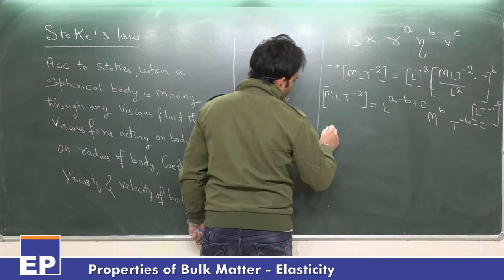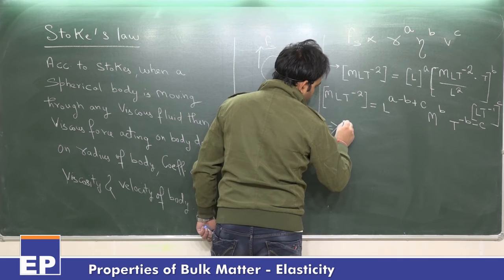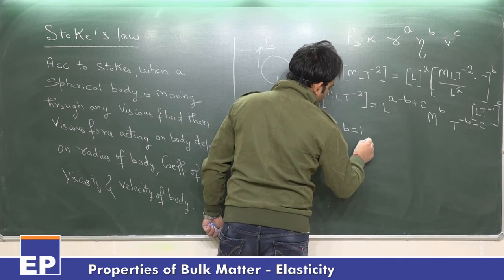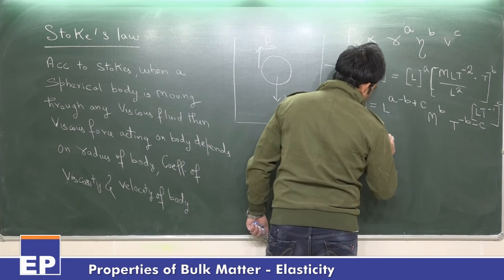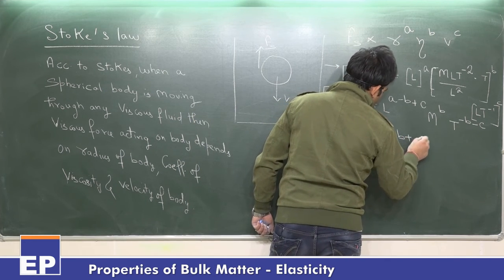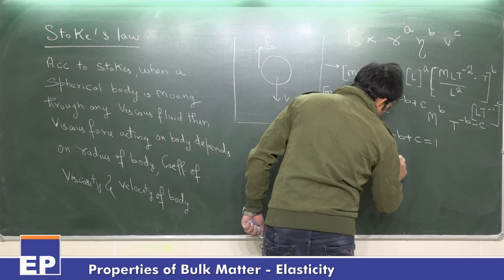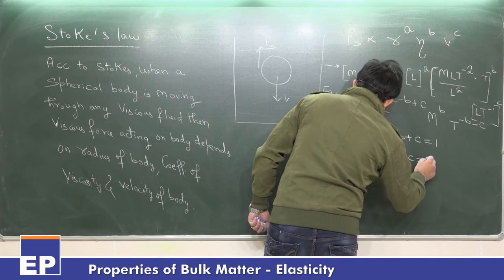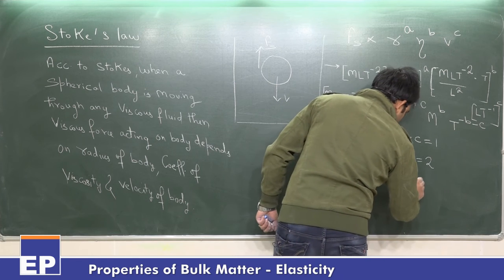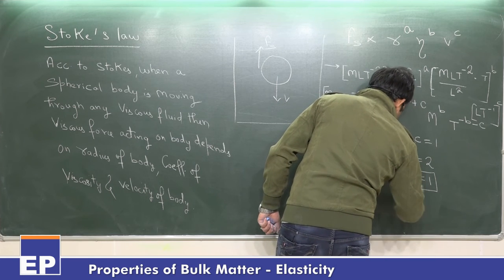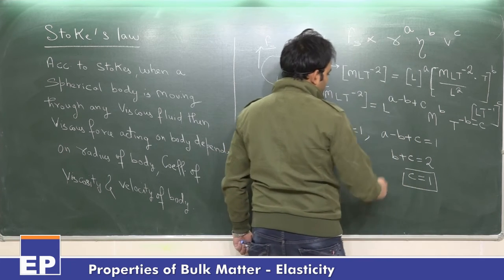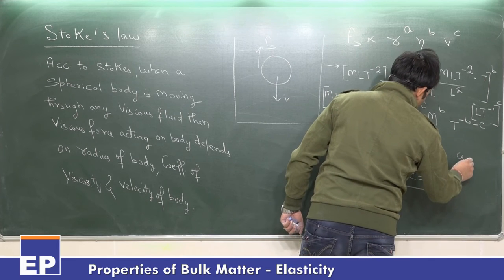So b is 1. Comparing both sides, for L: a minus b plus c is 1, and this is minus 2, so b plus c is 2. And b is 1, so c is 1. If b and c are 1, this will cancel out, so a is also 1.